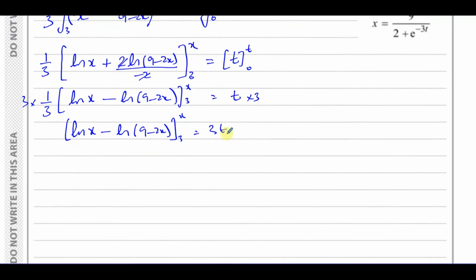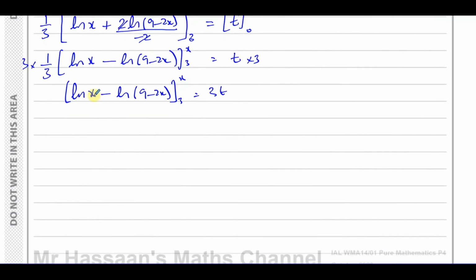So now let's continue. We can combine these first. You have ln of x over 9 minus 2x, and we have our limits x and 3 equals 3t.